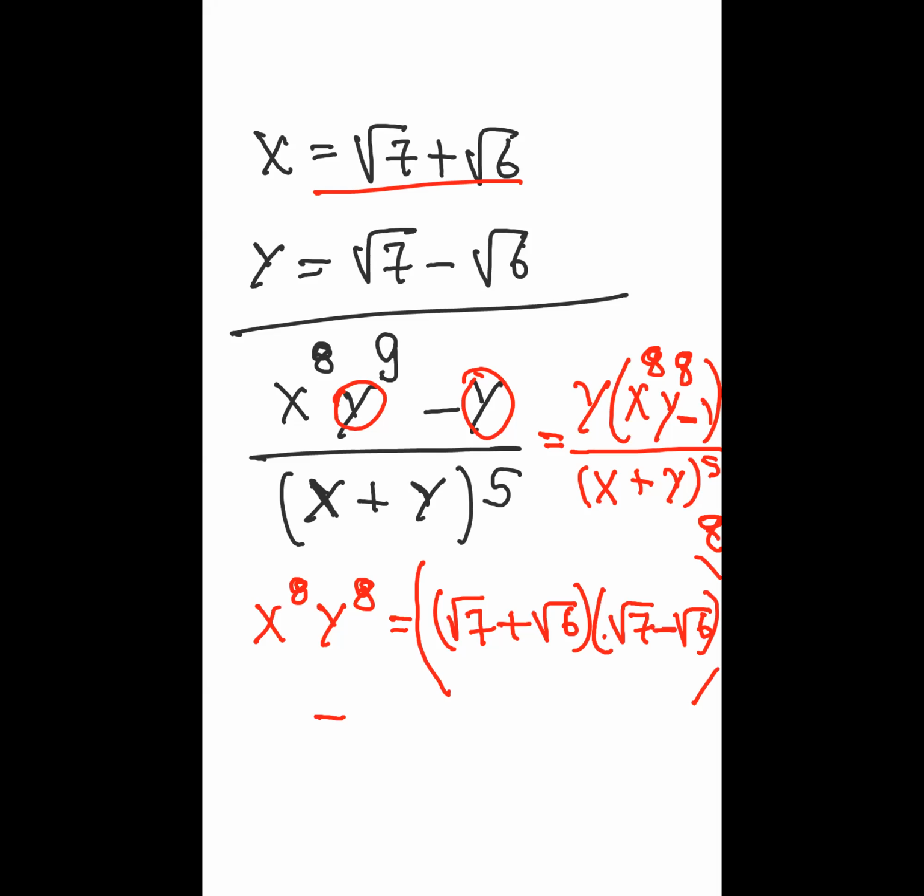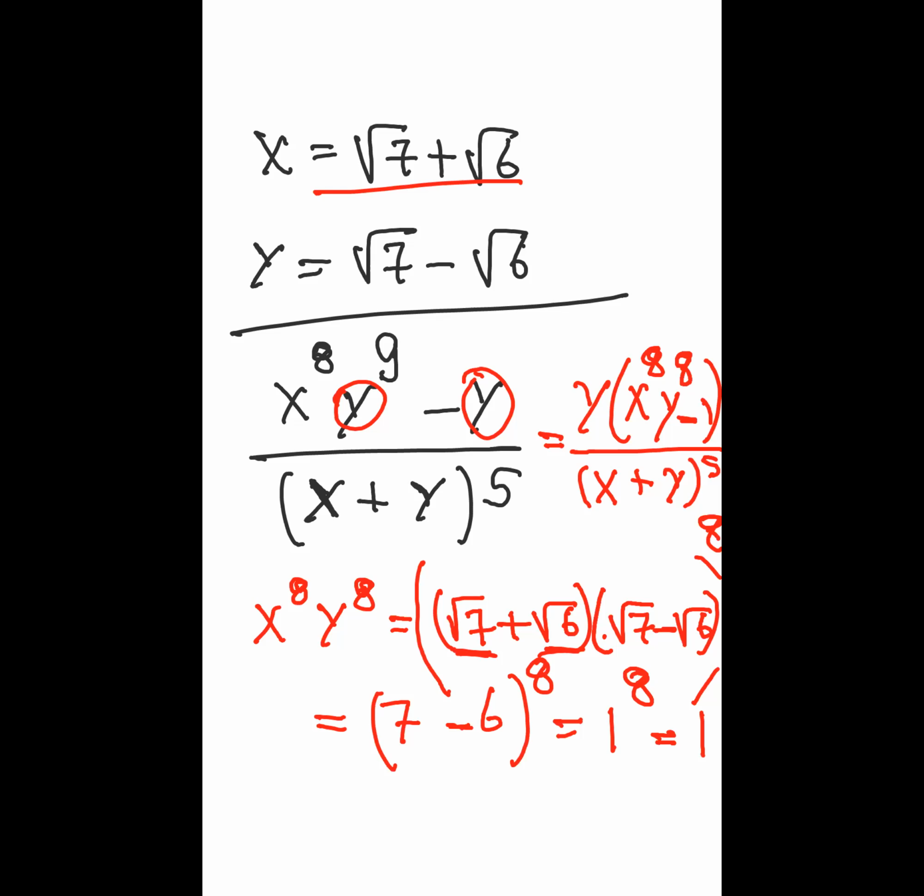So it will equal square root of 7 squared means 7, square root of 6 squared means minus 6, at the power of 8. So it will equal 1 at the power of 8, which means 1.